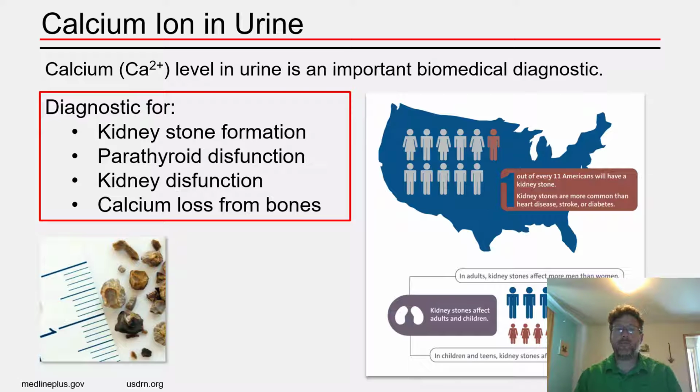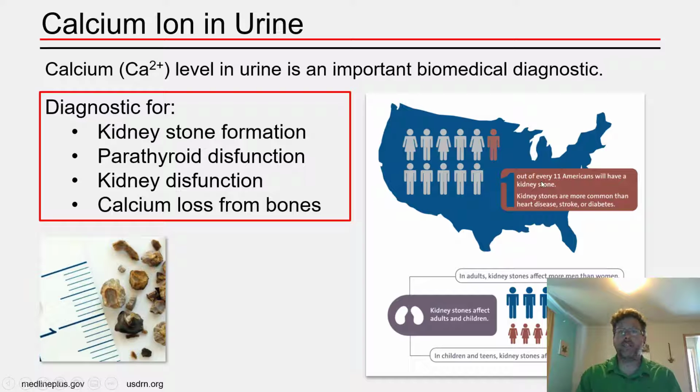For those of you who have had a family member or someone you know suffer from kidney stones, you know that this can be an extremely painful condition, where the formation of these calcium oxalate crystals in your kidneys can lead to a variety of pretty debilitating symptoms, from extreme fatigue and fever to acute abdominal pain and pain while urinating. So kidney stones can be extremely painful.